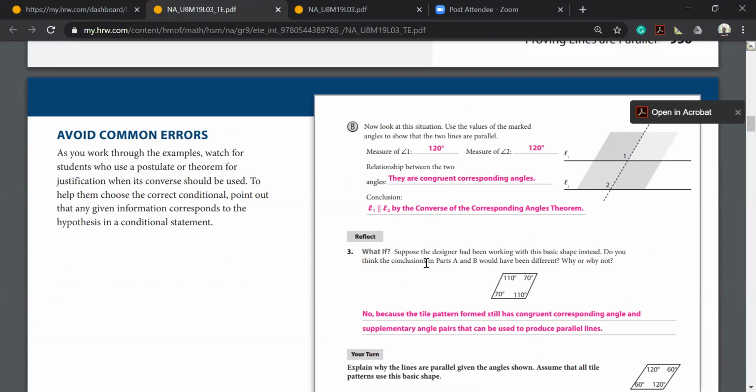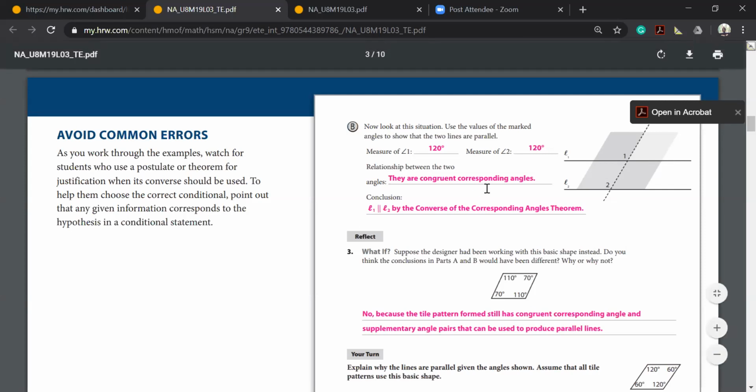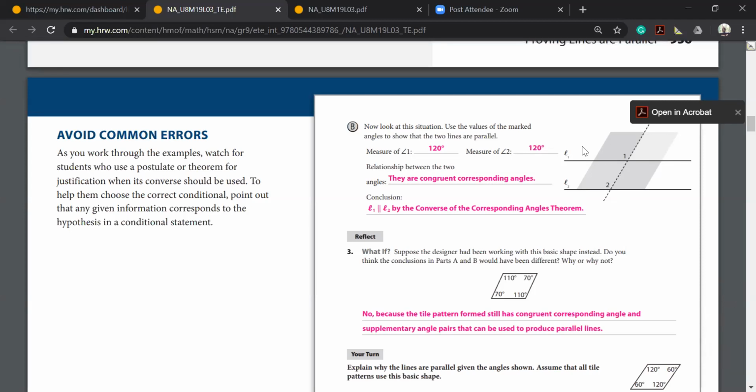What if, suppose the designer had been working with the basic shape instead? Do you think the conclusion in part A would have been different? Why or why not? He says, instead of using the 120, 60, 120, 60, he was using 110, 70 and 110, 70. Will anything change? Will the two lines not be parallel? Actually, of course not. They will always remain parallel, because what?